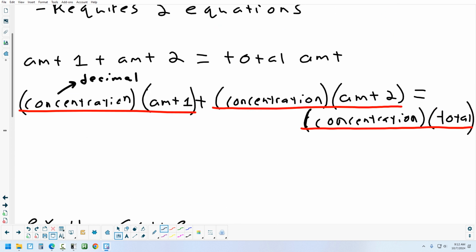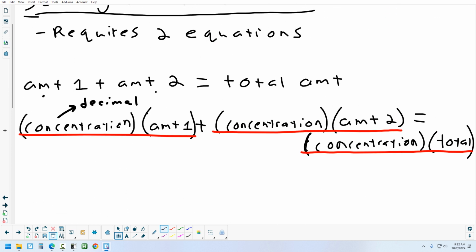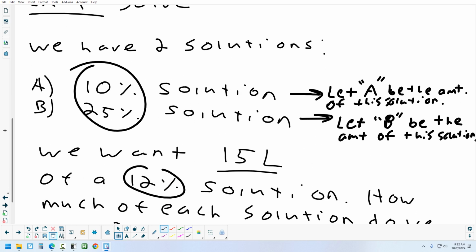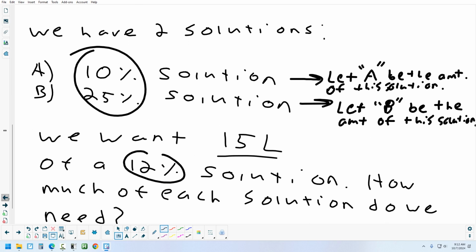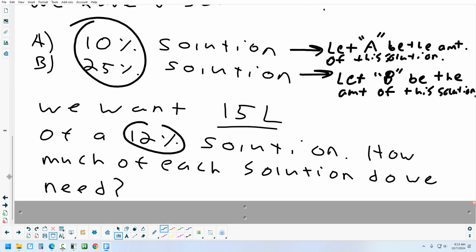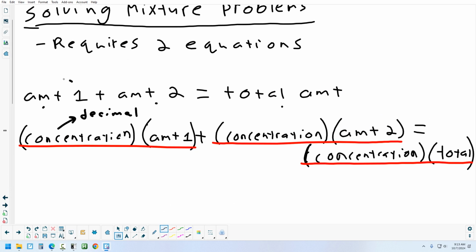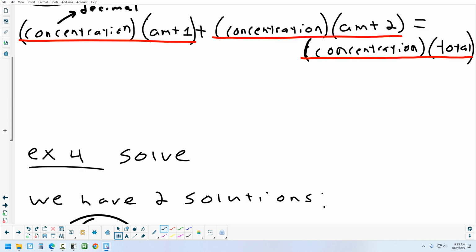Okay, first equation. The first amount plus the second amount has to equal the total that I want to end up with. How are we representing how many liters we use of the first solution? Yeah, A liters. That's how much we're going to use from the first solution. So we're going to fill in an A everywhere that you see the amount 1 on the board.